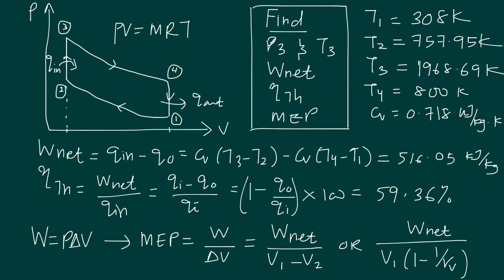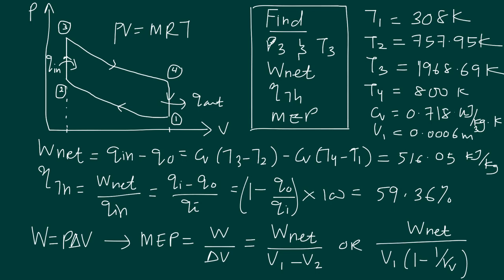If you are using this equation, you need to find your V1 and your V2. This V1 and V2 can be obtained from these equations, right? Even though the mass is not given, you can always use specific volume value.